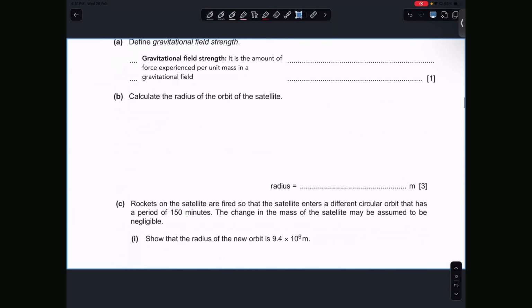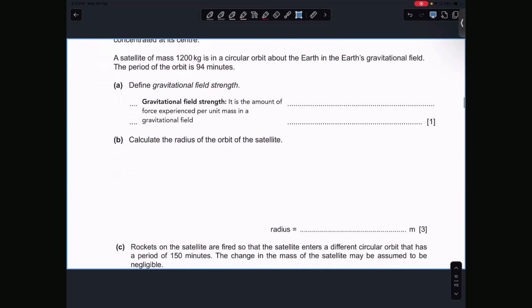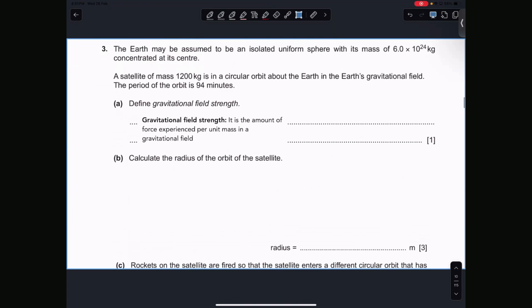Okay, so calculate the radius of the orbit of the satellite. 3 marks are provided, it says radius, and the time period is given here. What will this be? So let me tell you, you should know this by now. Whenever there's time provided and it's an orbit, there's only one equation in your syllabus. T square equals 4 pi square by GM r cube. Okay, nothing else needs to be done. Now the problem is that in some papers I have seen they ask to derive this.